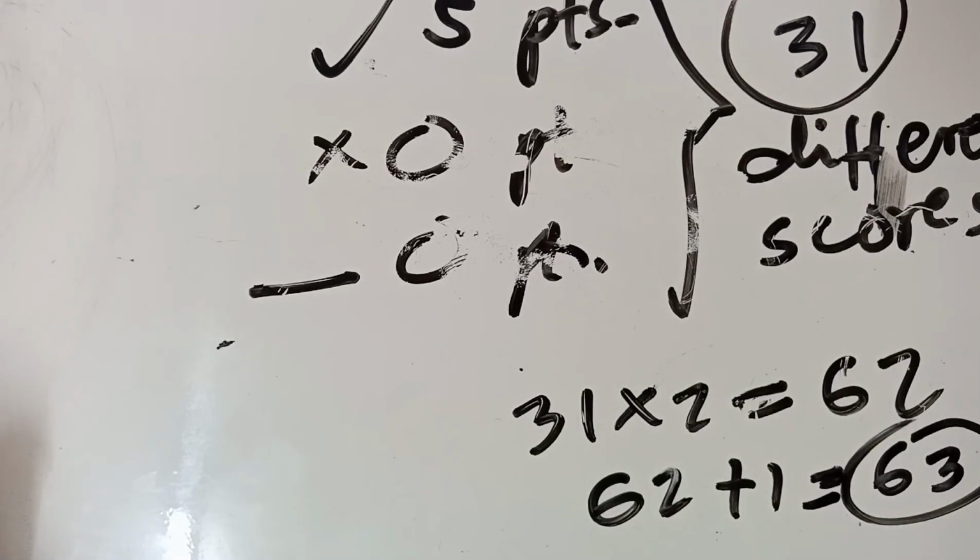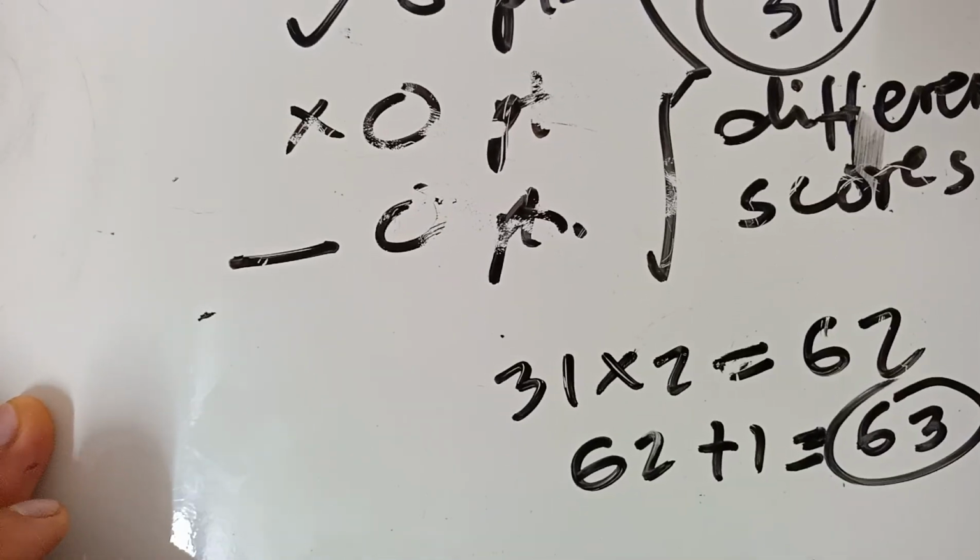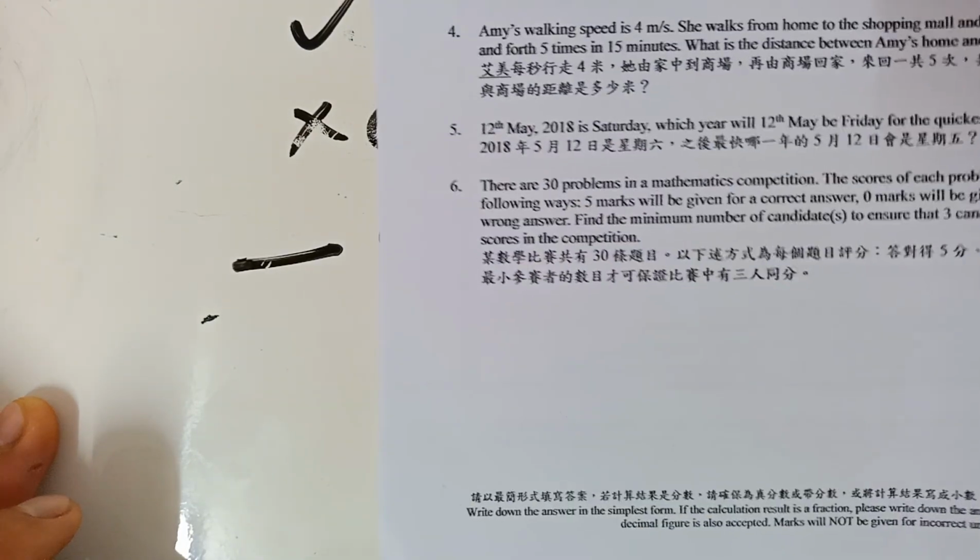Why? Because that student we added will have the same score as at least 2 students among the 62. So the answer for this problem is 63.